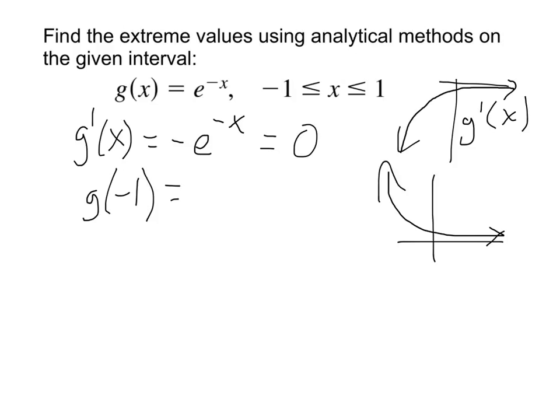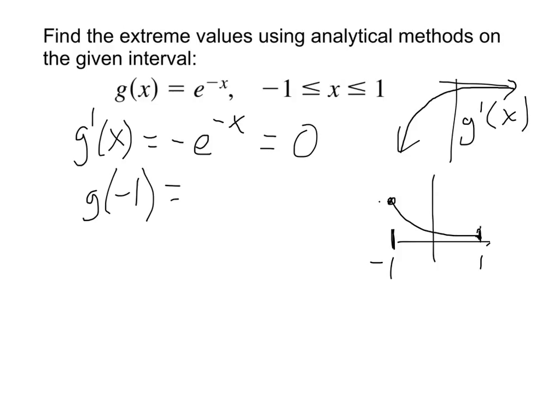If this is at -1 and this is at 1, this point on our interval lets me get rid of part of the graph. So I know I'm just looking at g of -1 as the maximum value.